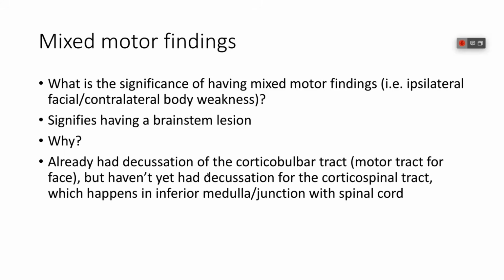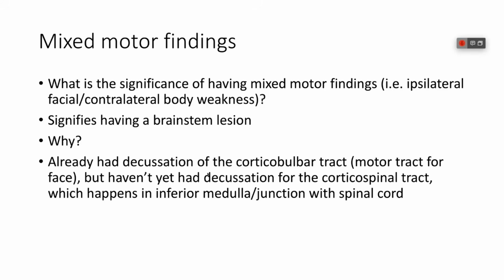So the take home that you guys must remember is that if you have right-sided facial weakness and there's left-sided body weakness, the only place that could possibly be is in the brainstem. Why is that useful? Because if you find this, you know that it cannot be one of the major cerebral arteries.